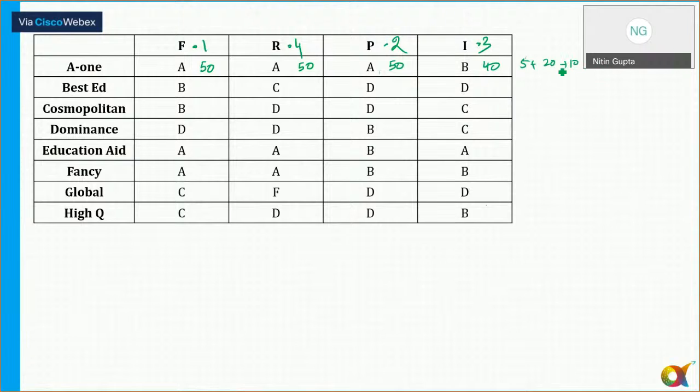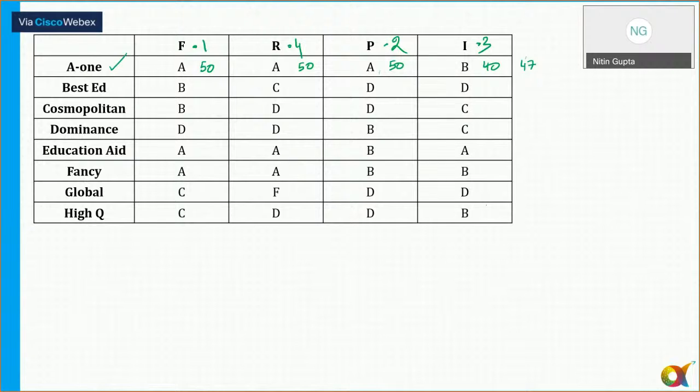So this comes out to be 47. In A1 the total score is 47. I need a total score of more than 45, so A1 is satisfied.